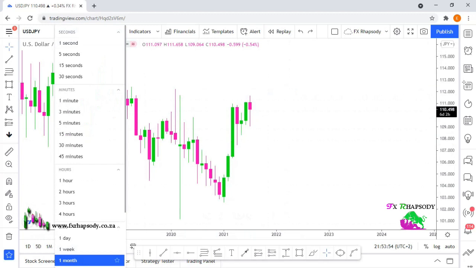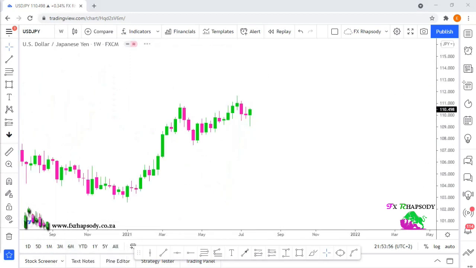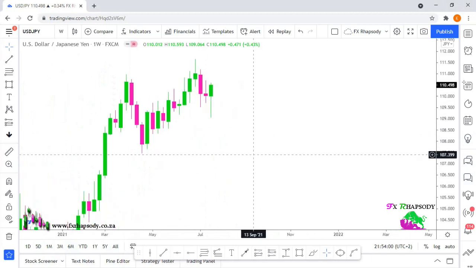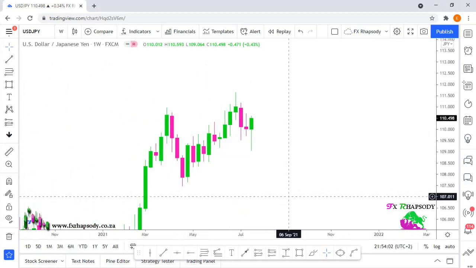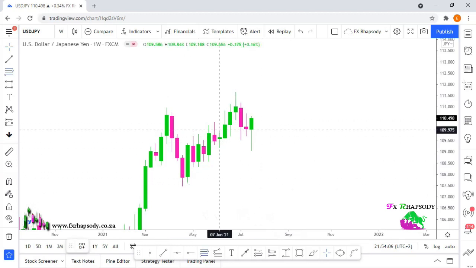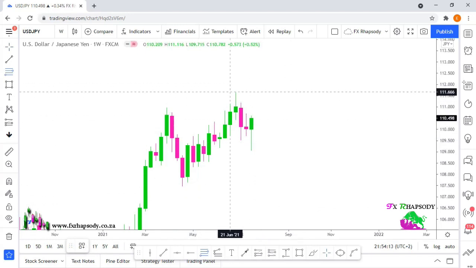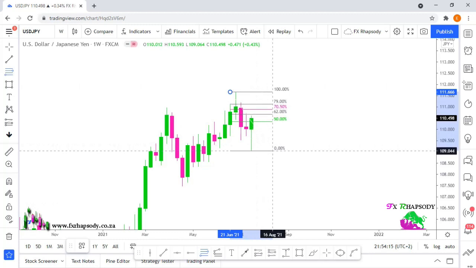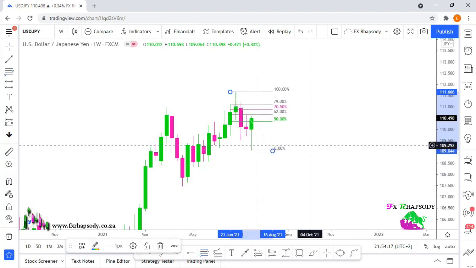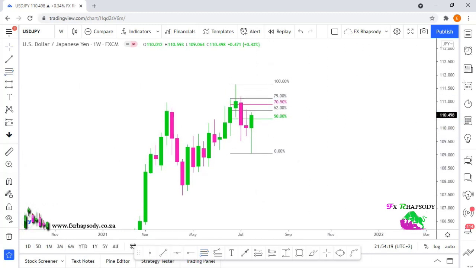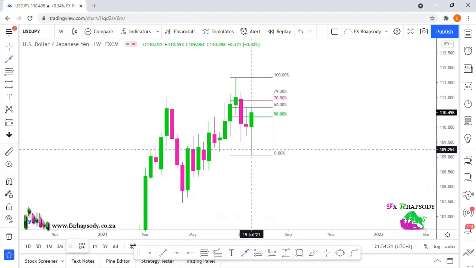On a weekly time frame, let's just expand it a bit more. There we go. So on the weekly time frame, you can see that price came up and made a quick movement to the downside, came up to retrace. Just want to pull my Fibonacci out. So what I would like to see is, price has made its way up to the upside for the weekly.